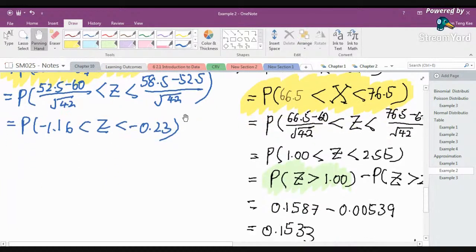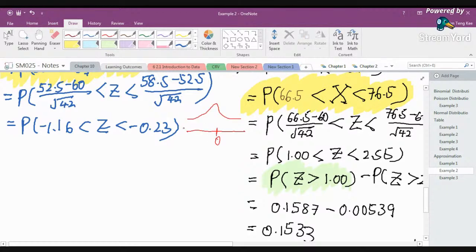So have a quick check. The region will be somewhere like this. Negative will be somewhere on the left of 0. So let me check the bell-shaped diagram.